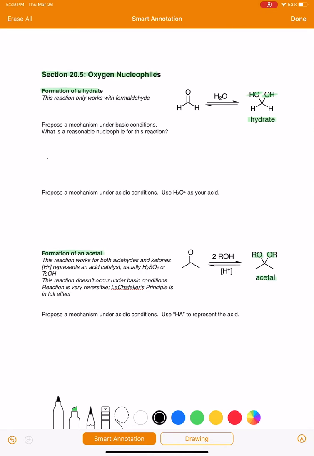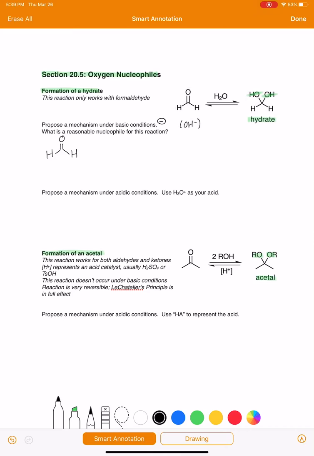So we're going to draw a mechanism for this reaction under both basic conditions and acidic conditions because it can occur under both conditions. When we are doing this reaction under basic conditions, remember that bases are negatively charged, like for example hydroxide. We always remember that that's a base.